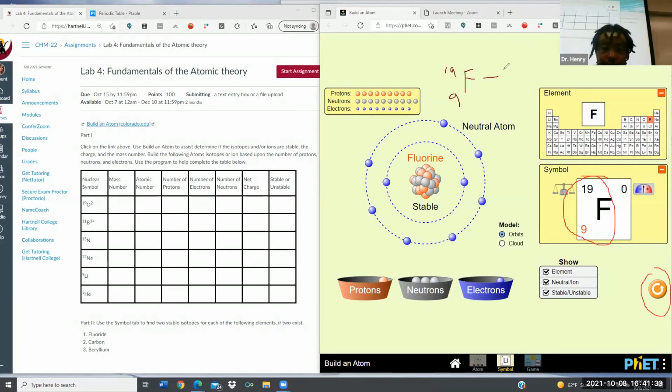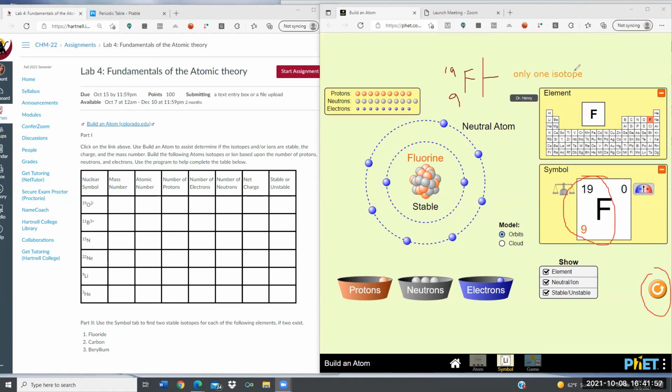And then on the side, you just say there's only 1 isotope. Okay. Got it. So that's what you would do.